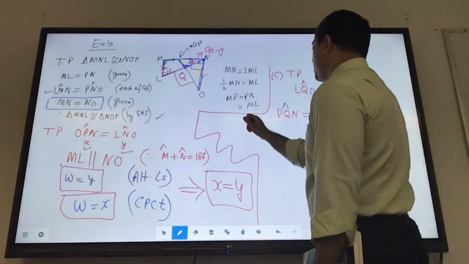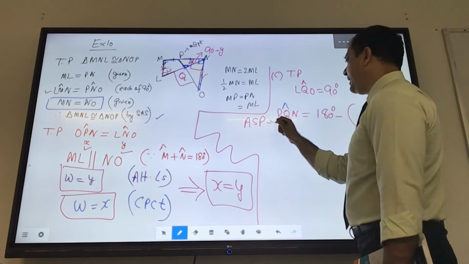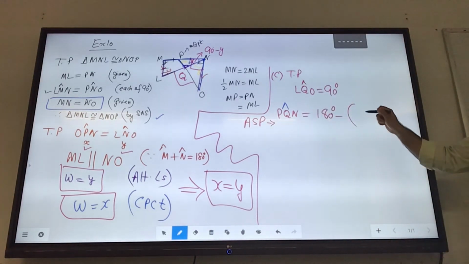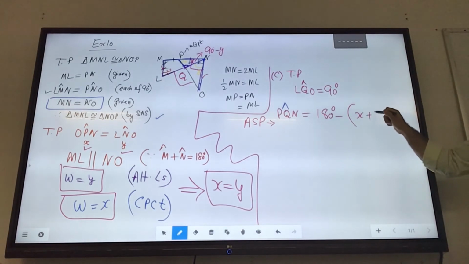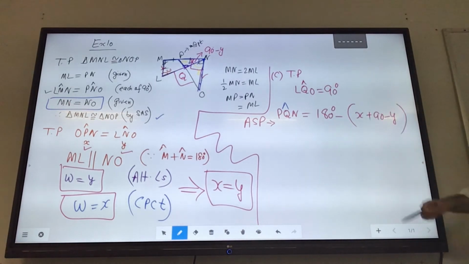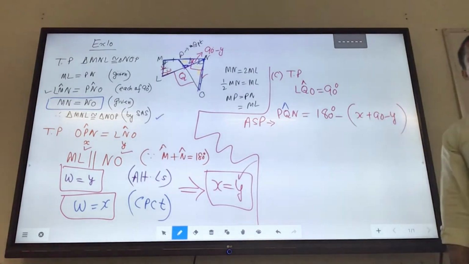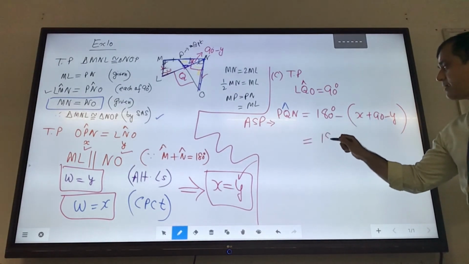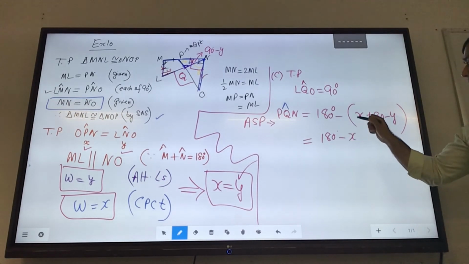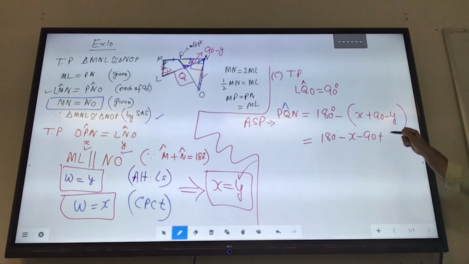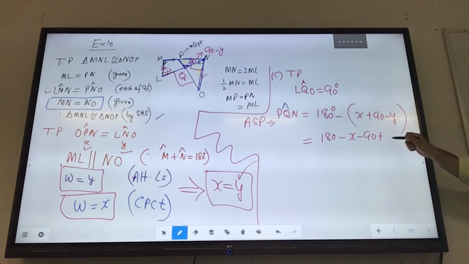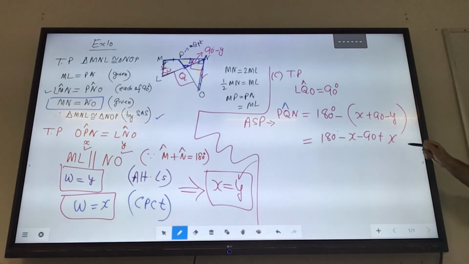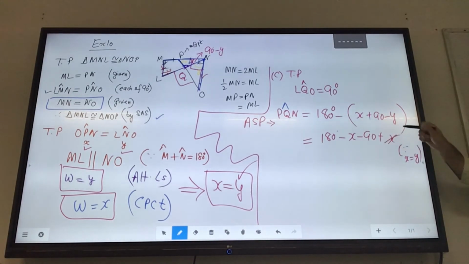So by angle sum property, PQN is 180 minus sum of other two angles, which is X plus 90 minus Y. We have proved that X equal to Y. I'm going to replace this Y with X. So I open bracket here, 180 minus X minus 90 plus Y, but Y is X, plus X. Give reason, because X is equal to Y. So now minus X and plus X we can cancel.